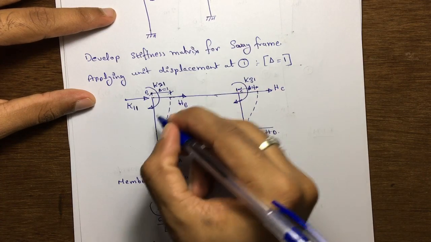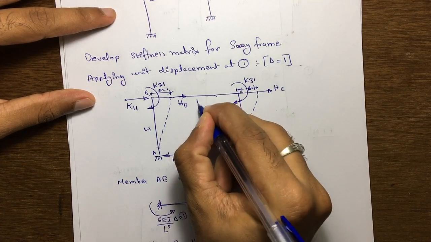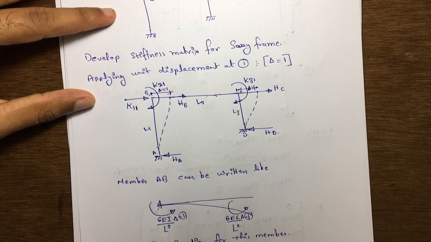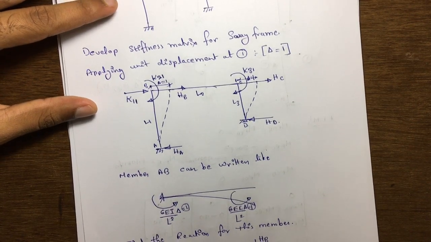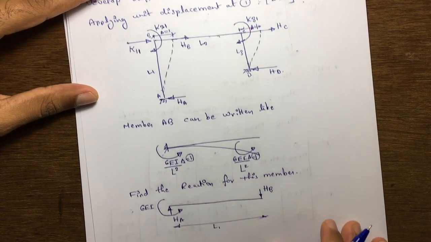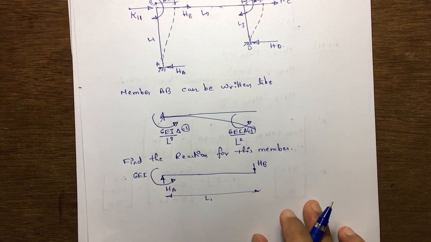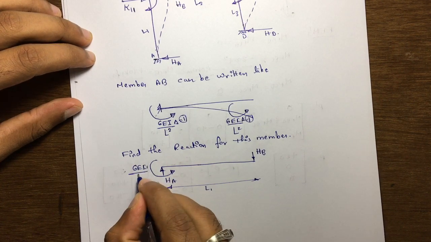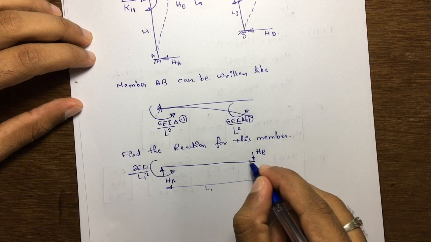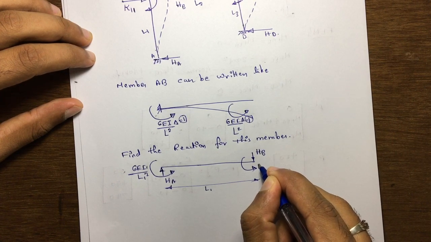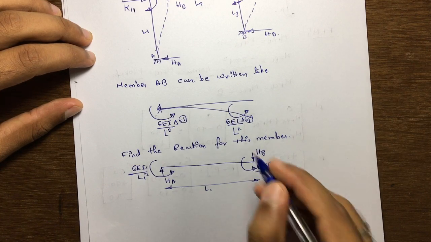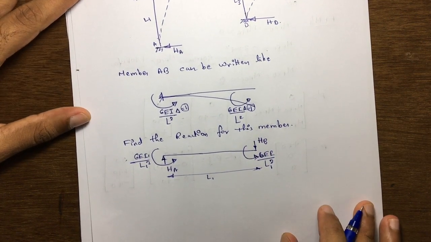If I see that one, this is L1, L2, then L3. So the total length of that beam is L1. That is nothing but 6EI by L1 square. At the same time, 6EI divided by L1 square, because delta is equal to 1.